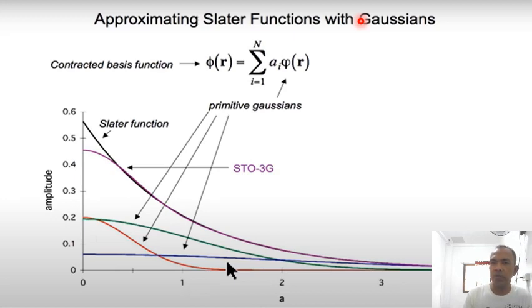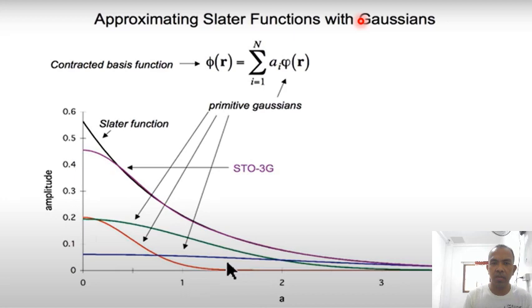If you want to be clear on the difference between the linear combination of atomic orbitals and a contracted basis function: in the LCAO expansion, we will solve the Hartree-Fock procedure to find the best coefficients that I'm going to use to build my orbitals.